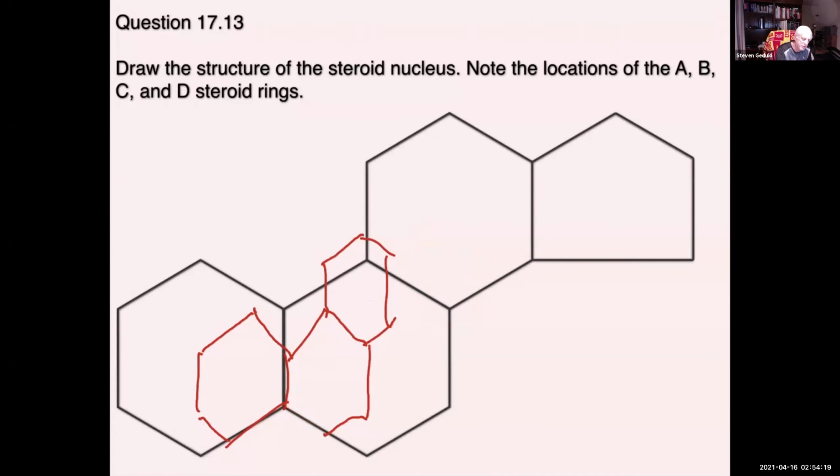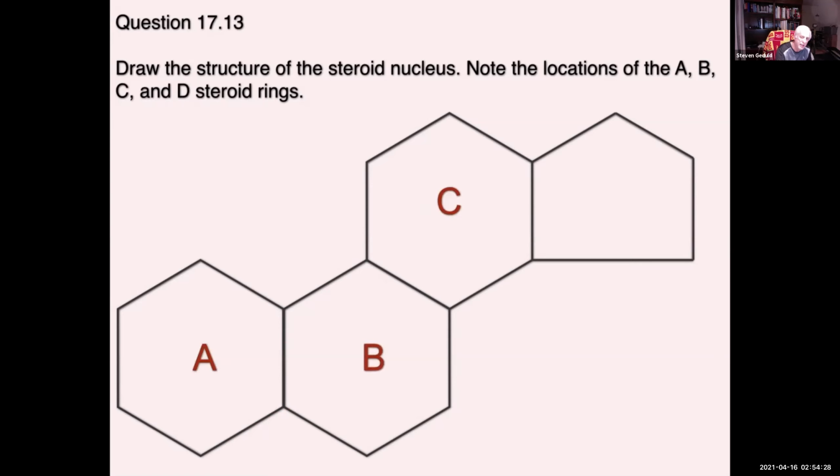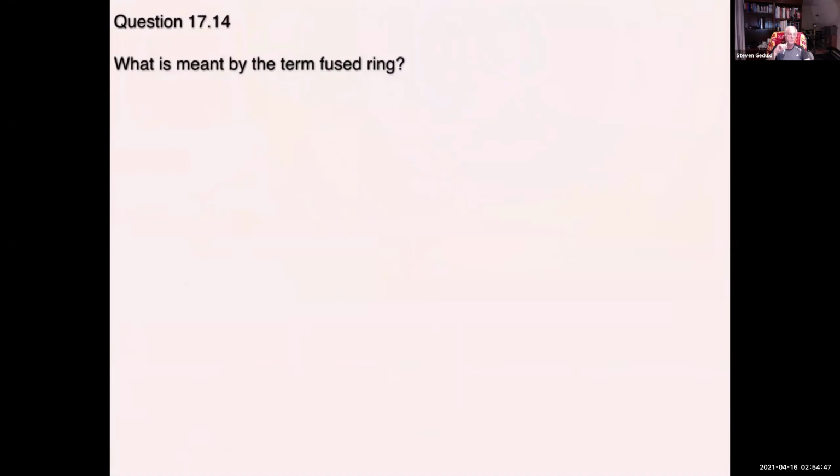That's a better picture than I can draw. Okay, A, B, C, and D. That's your steroid nucleus. 3 6-carbon rings, 1 5-carbon ring. 17 total carbons. What is meant by the term fused rings?